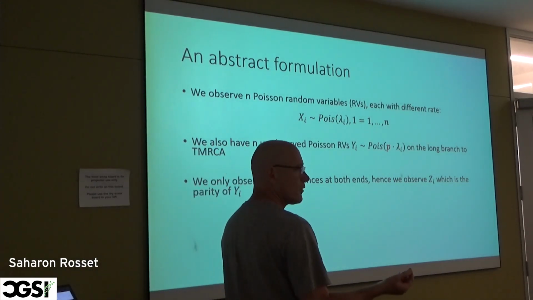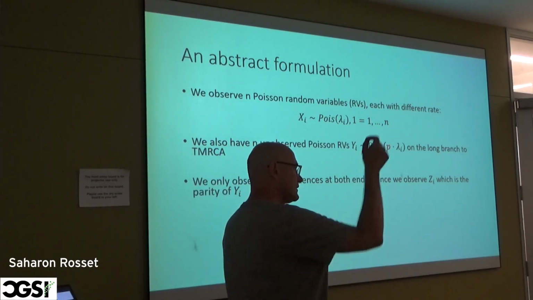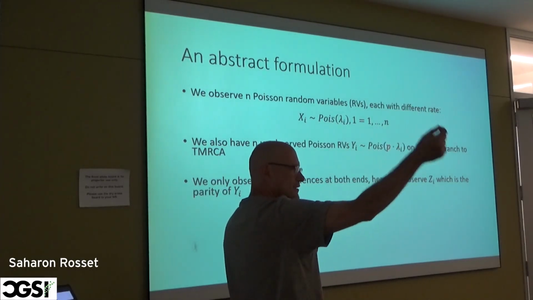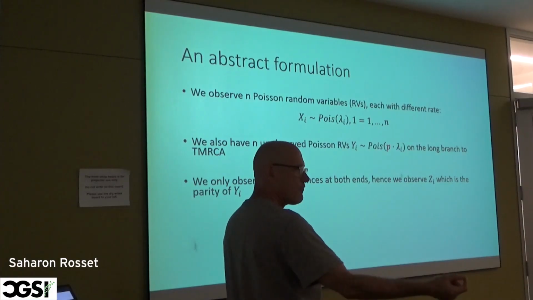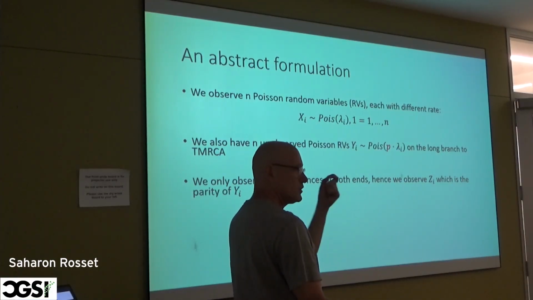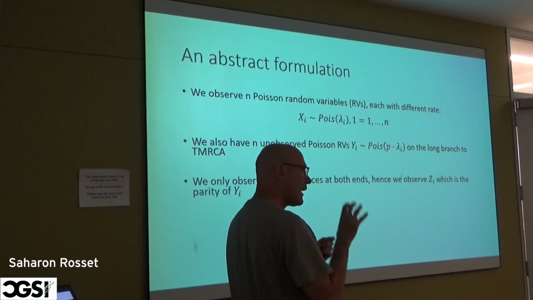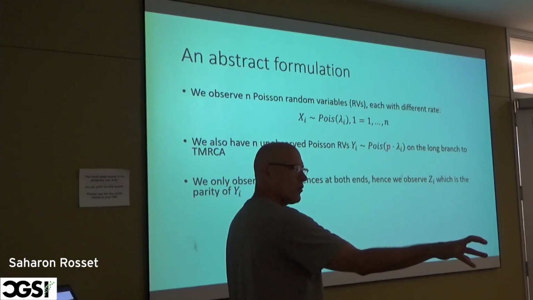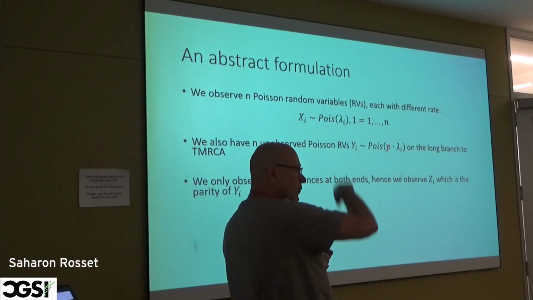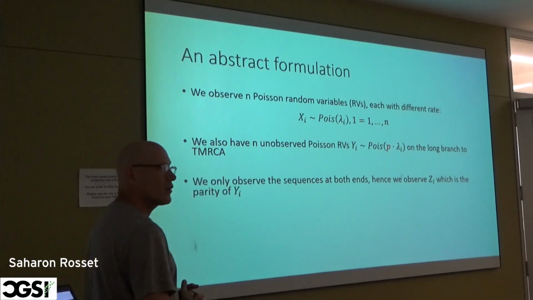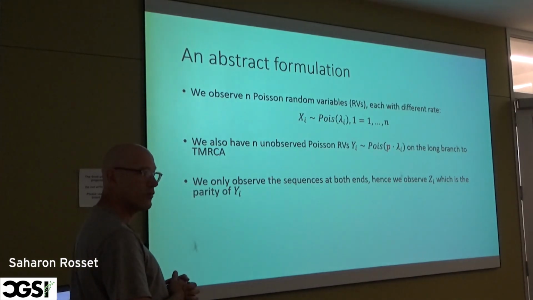Why don't we observe them? Because all we can observe is the state at the beginning of the branch, which is the human ancestor or the human leaf, and at the end of the branch, which is the Neanderthal sequence we have. Because this is now a long branch, unlike the branches in the human tree, which are all short. We do not assume that 0 or 1 mutations have occurred in each site.